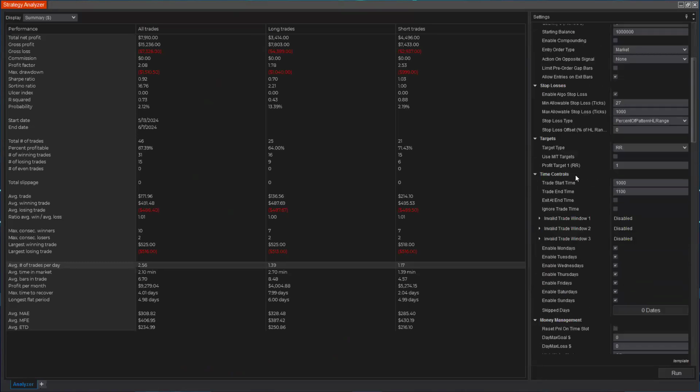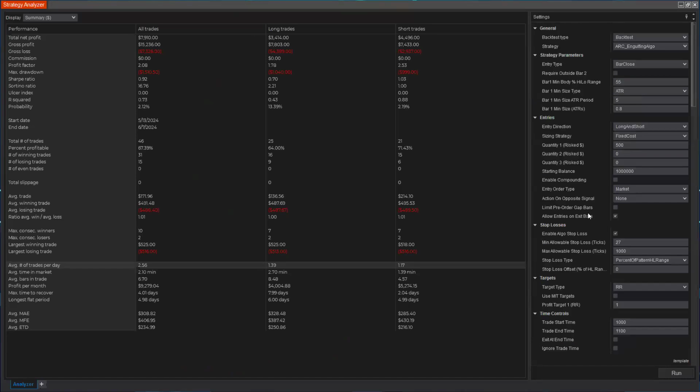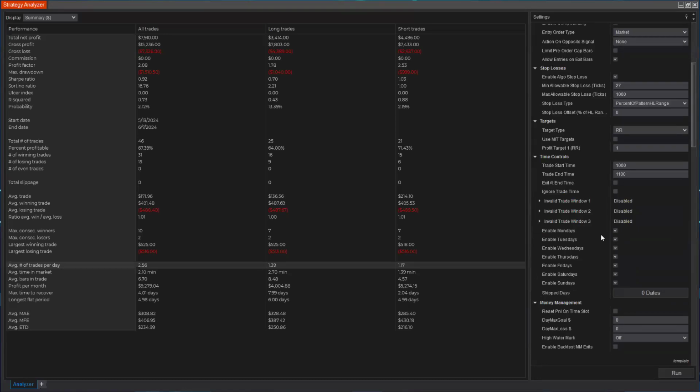And the purpose of money management is to take something that is good and make it applicable to your risk tolerance. It's not necessarily to optimize based on money management. You want to find the best settings that are going to give you the most winning trades and the most profitability, and then you can go in and add the money management.